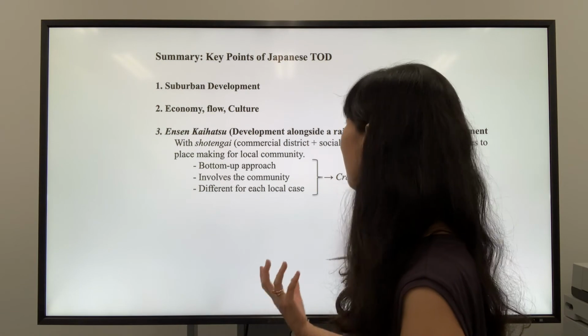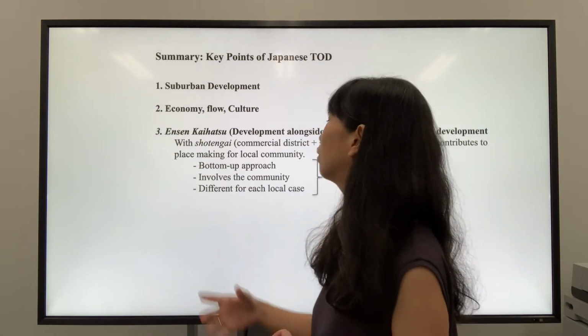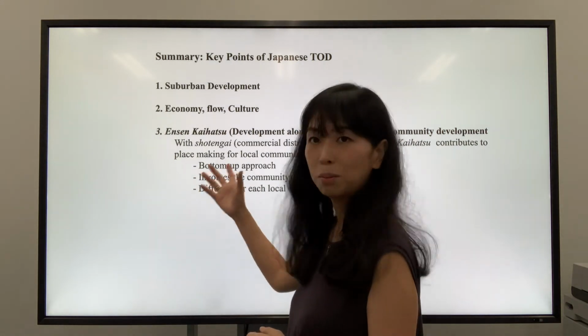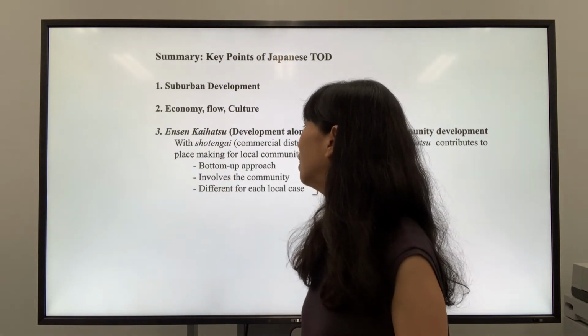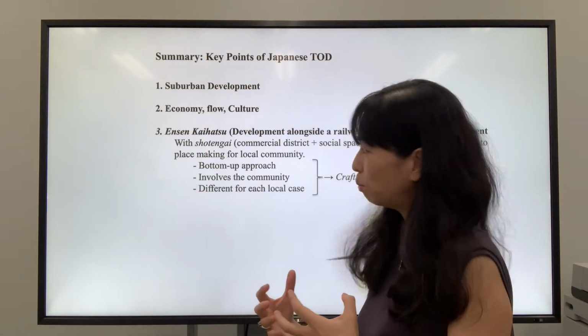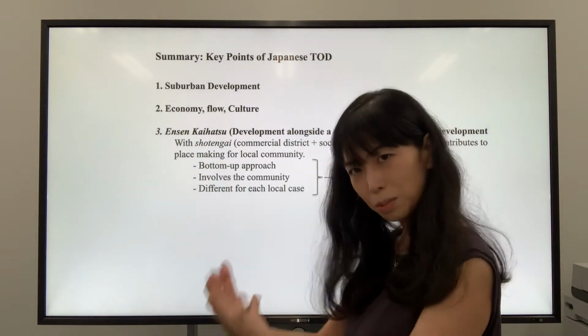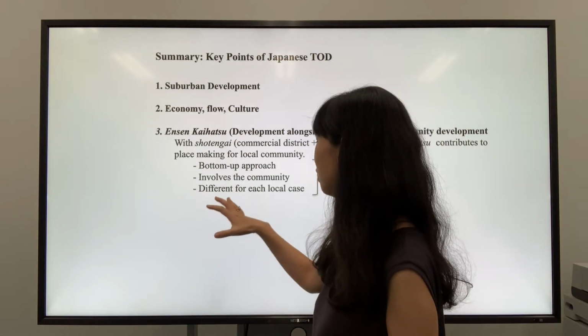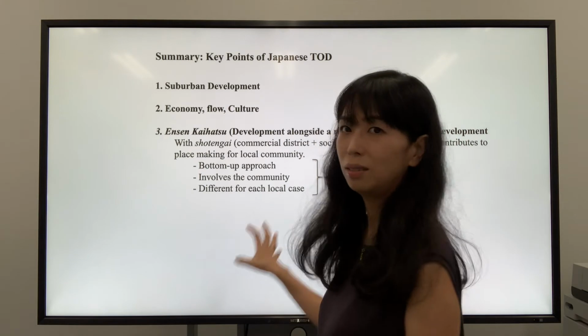So Ensen Kaihatsu involves a lot of the community, and therefore it is a very bottom-up approach. It involves a lot of different narratives that are more relatable to that specific context, and therefore it has a different approach for different local cases.